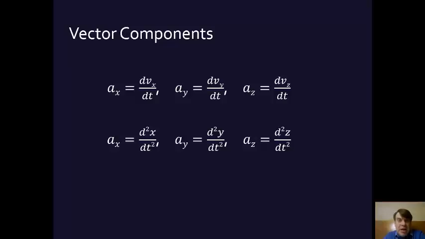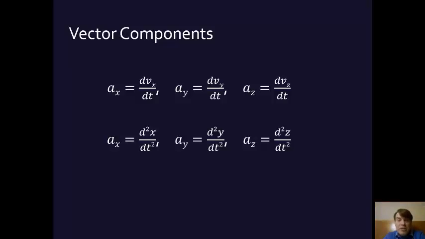Now, because we're now talking about acceleration, you'll remember that velocity is the instantaneous rate of change of position, and acceleration is the instantaneous rate of change of velocity. But you can also say that the acceleration is the second derivative of position. So the x component of acceleration is the second derivative of position in the x direction.